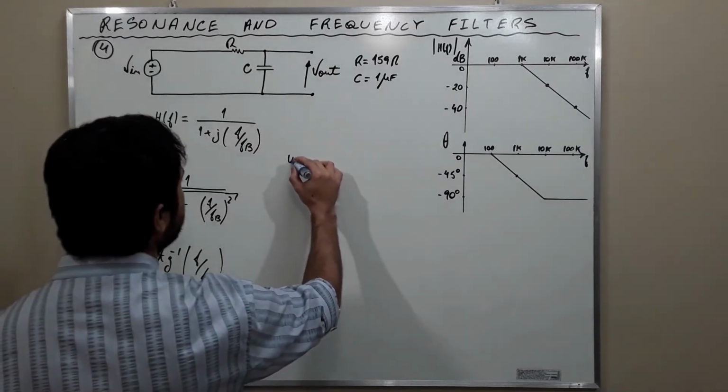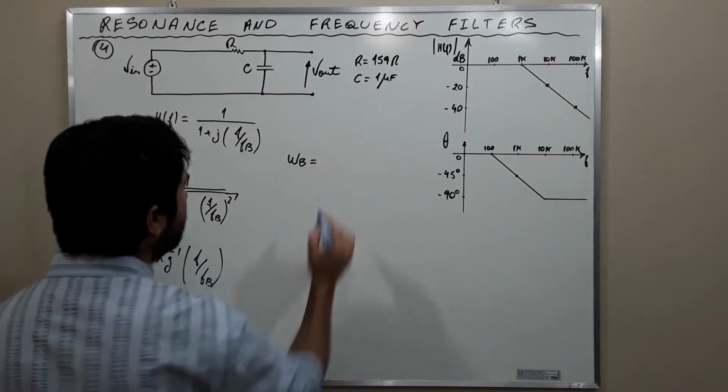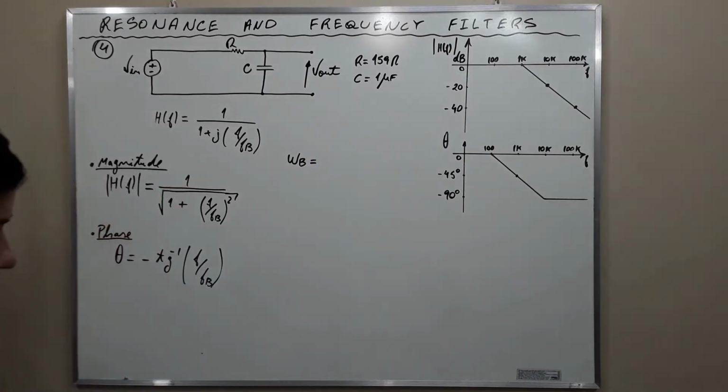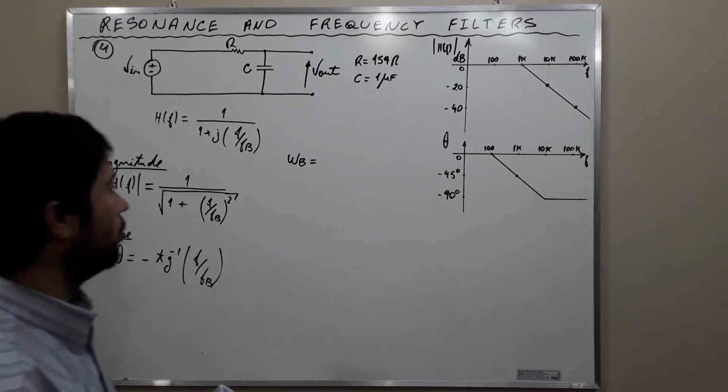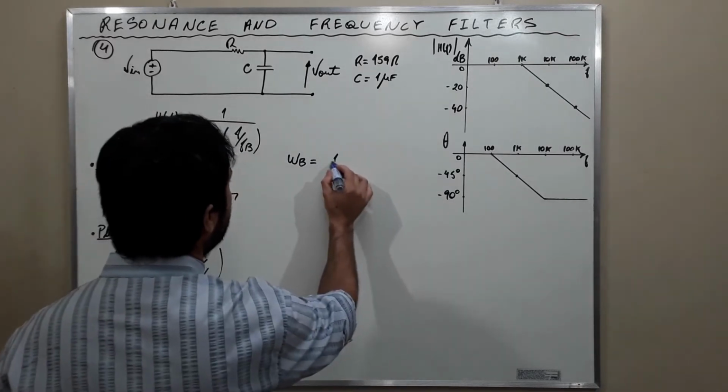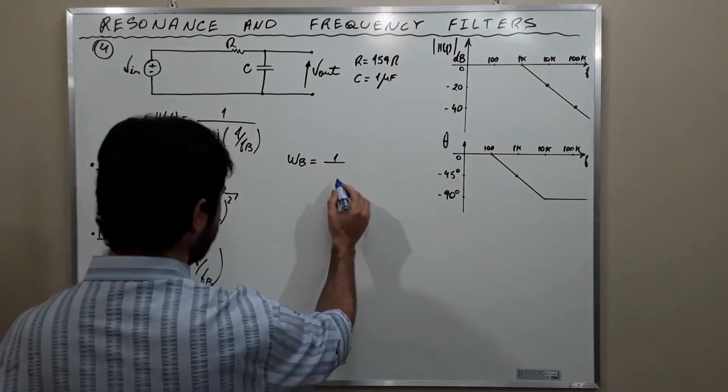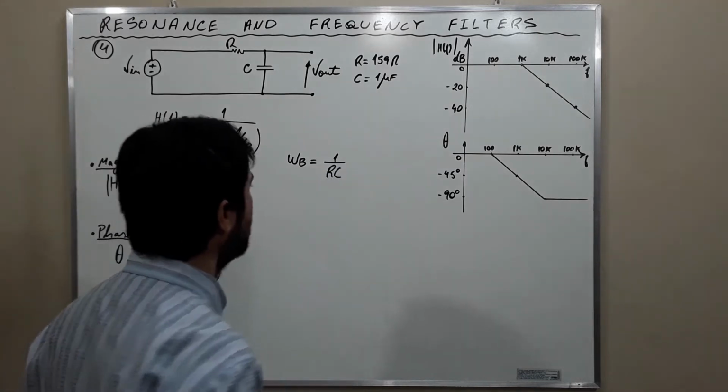We know that WB is equal to 1 over RC. Okay?